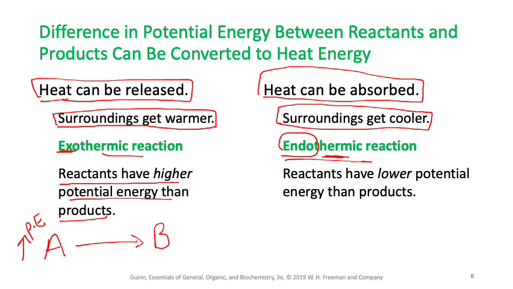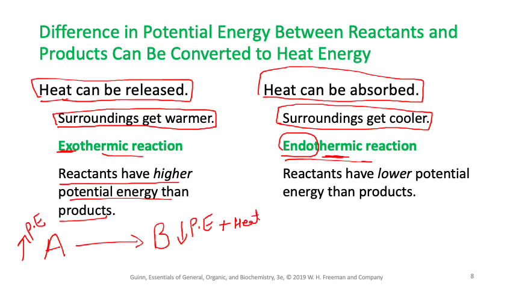So if the reaction goes from A to B, B has low potential energy, and since energy is conserved, the rest of the energy is going into the environment in the form of heat.